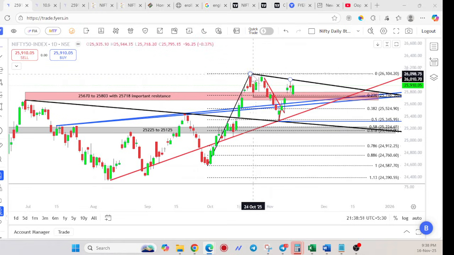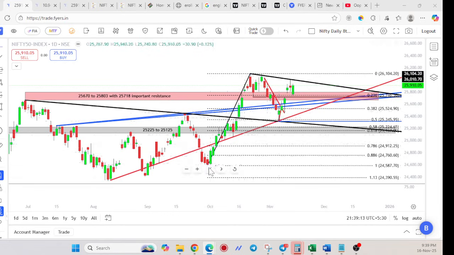Why did it fall from here? It hit 104 levels, and next time it went to 26,010 levels and fell. This is a recent fall, two days back. At 26,097 we made a double top, and then we fell to 25,318.